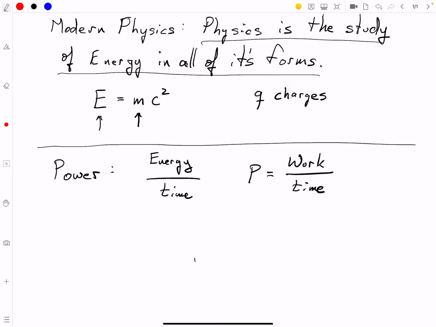The smaller the amount of time, the more power you have, because it's inversely proportional to time. The more work you do in a certain amount of time, the more powerful you are. So it's proportional directly to work and inversely proportional to time. So that's power.